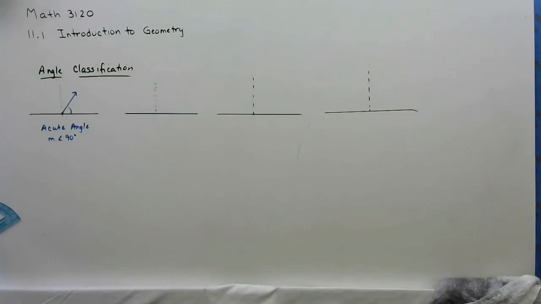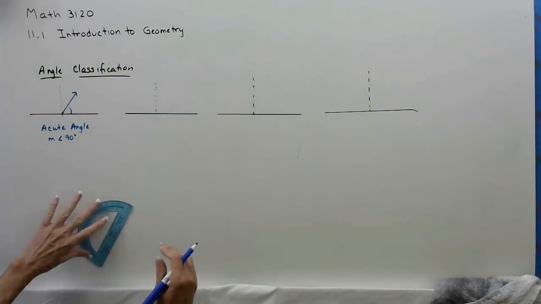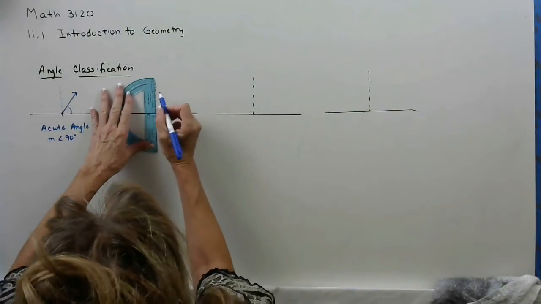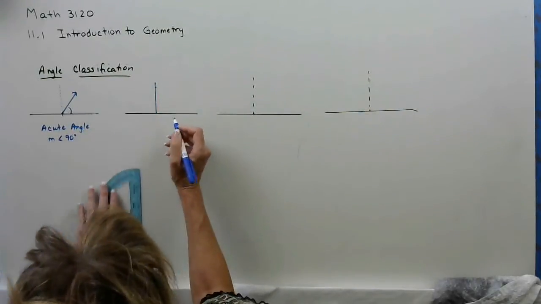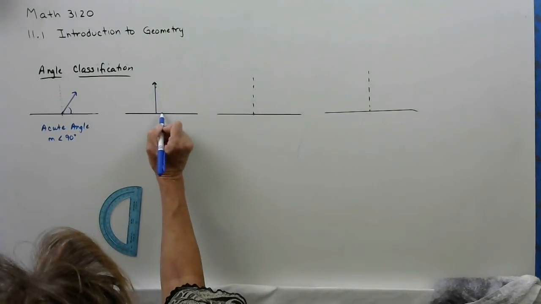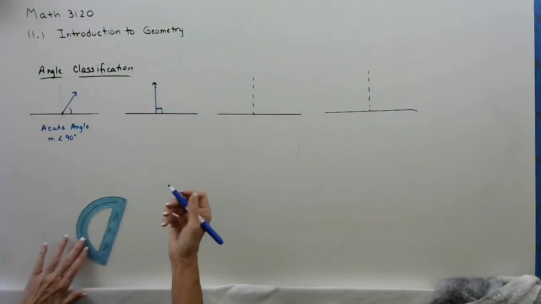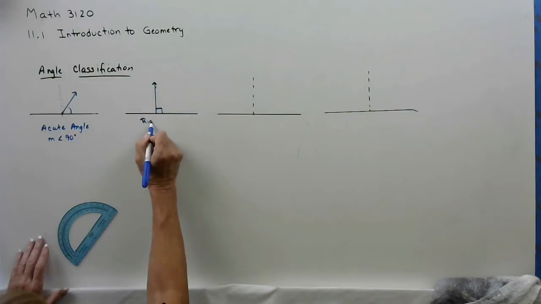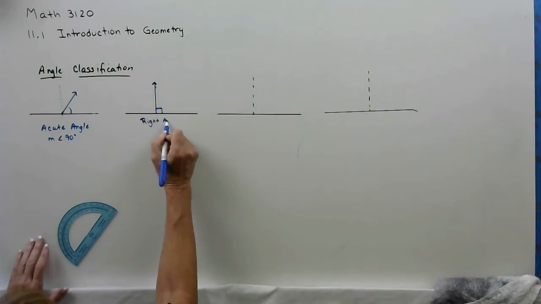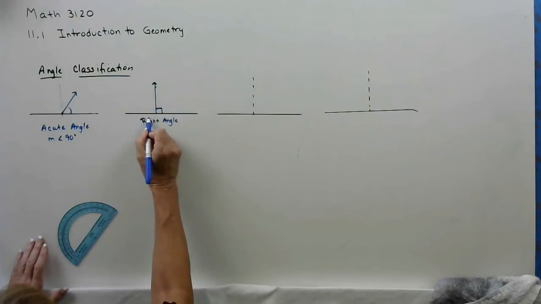Then if I keep getting larger and I end up with an angle that measures exactly 90 degrees, that's what we call a right angle. The symbol for that right angle is that little square.